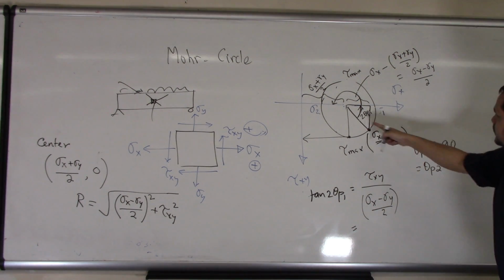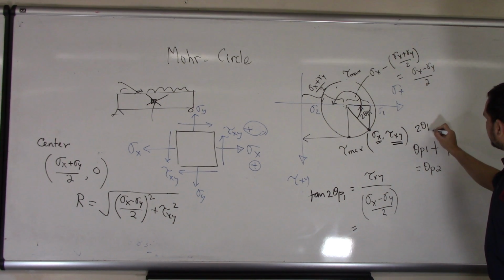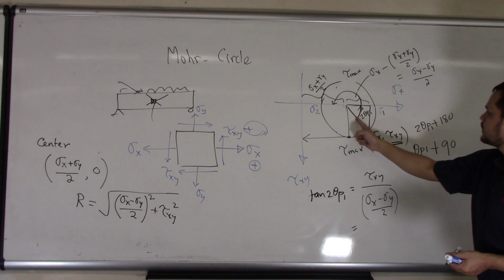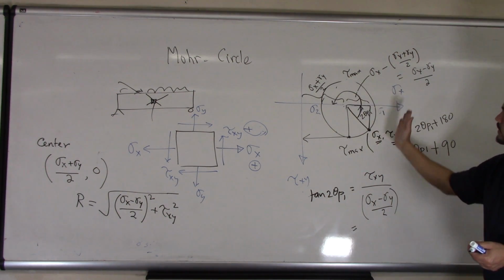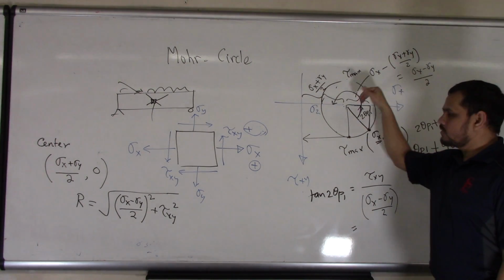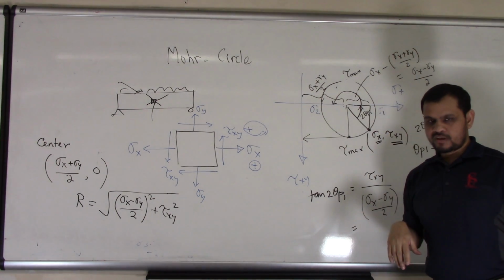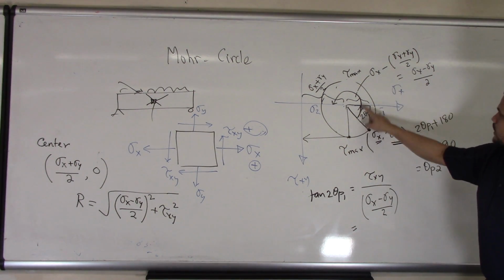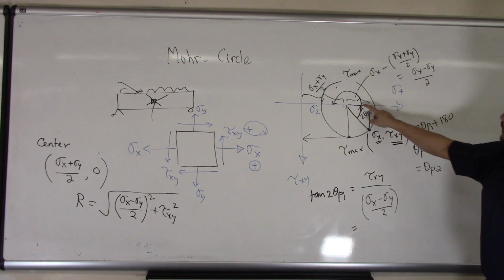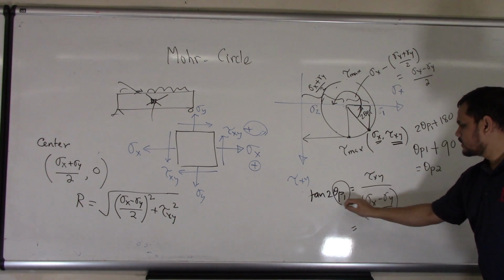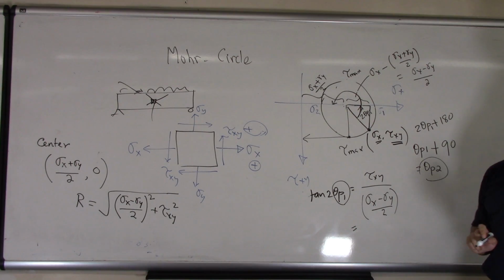Counterclockwise is measured positive in the Mohr circle. So here to here is twice theta P1 plus 180, then divide by 2, simply theta P1 plus 90 is theta P2. So you learned how to find theta P1 and theta P2.